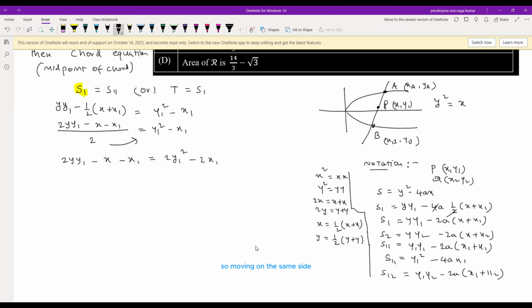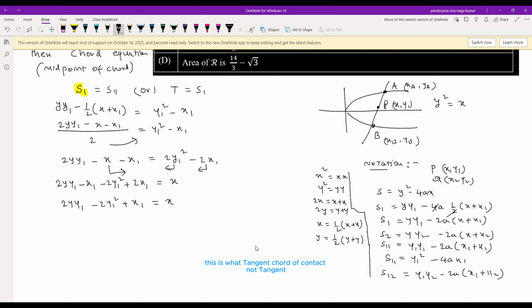So moving to the same side, make this minus x a positive x and move all these terms to the left side. 2y y1 minus 2y1 square plus x1 is equal to x.